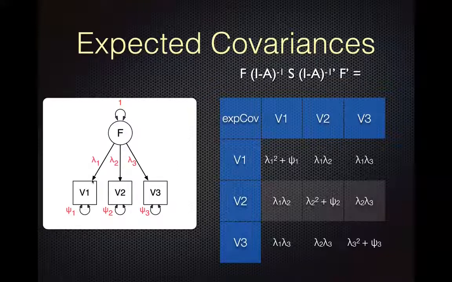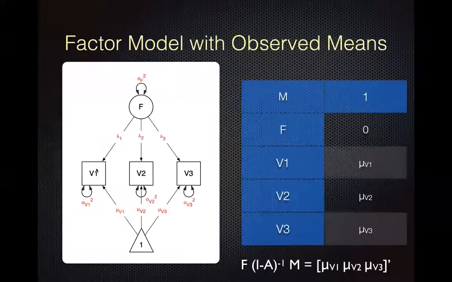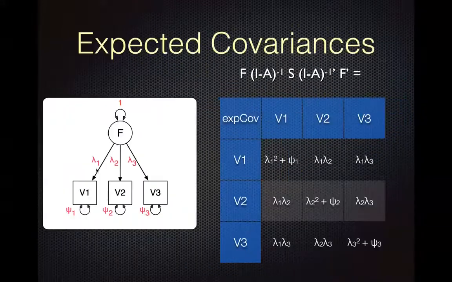Again, that's retreating along 0 or more arrowheads, changing direction at a double-headed arrow, and proceeding forwards through the arrow again. And that gives us lambda1 times 1 times lambda1, which is lambda1 squared.